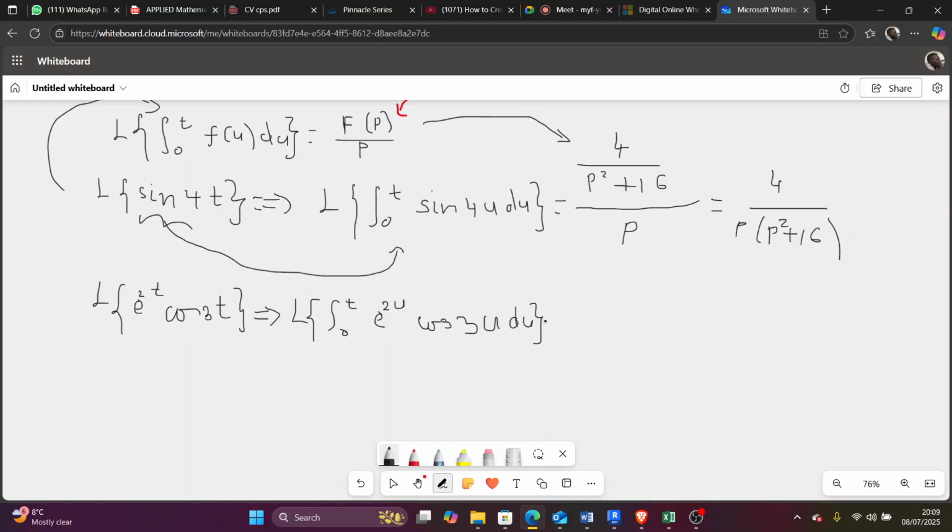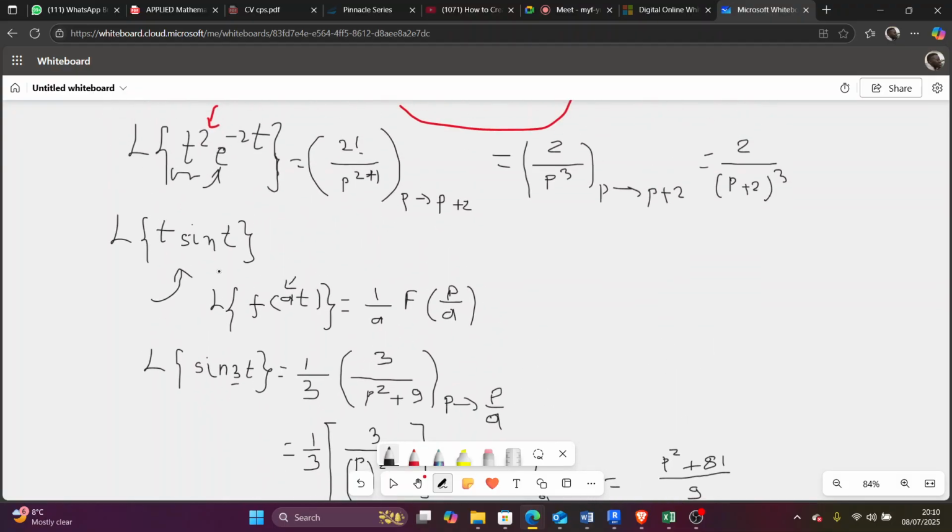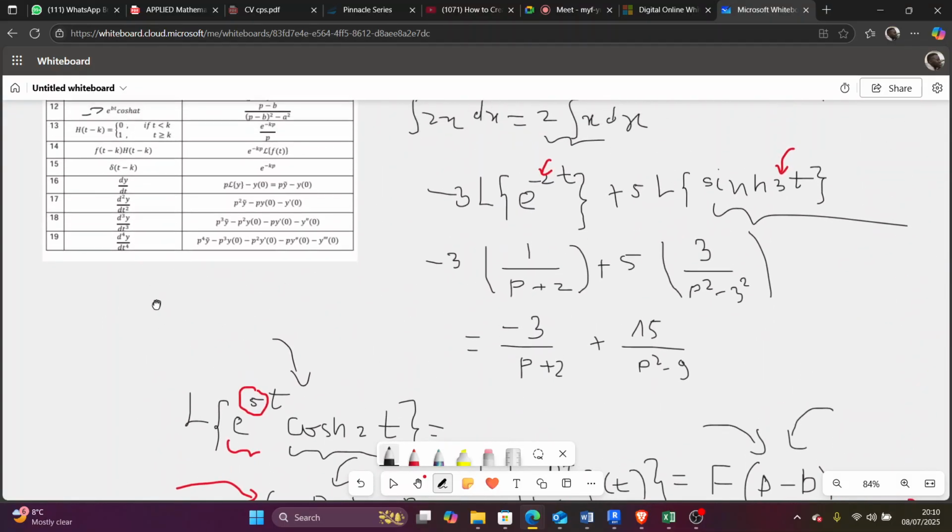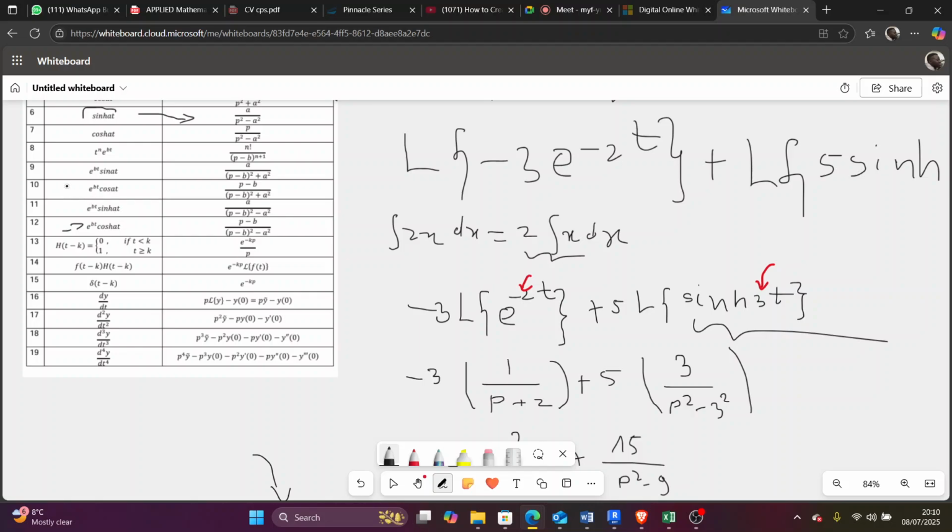Now, how do we solve this problem? It is easy. You will be solving for the Laplace of this using the formula, and then you divide everything by p. Let's do it. If we have e and cos, according to the formulas, which one is it? Let me scroll up, because this formula is up here. If we have e and cos, what does the formula say?